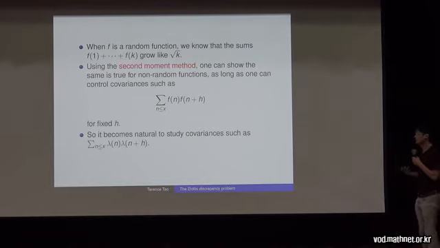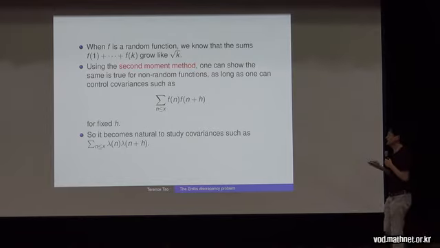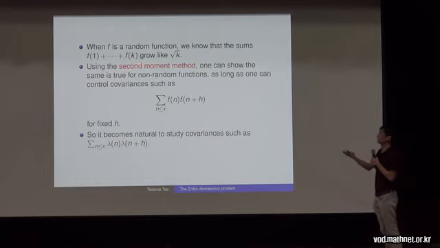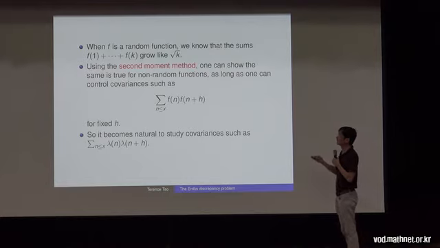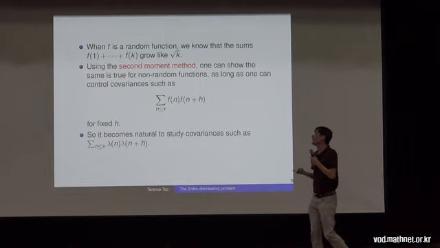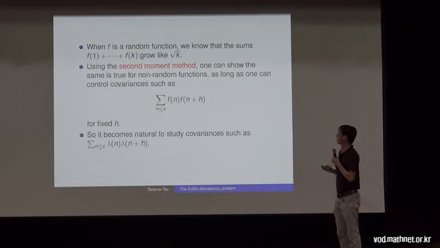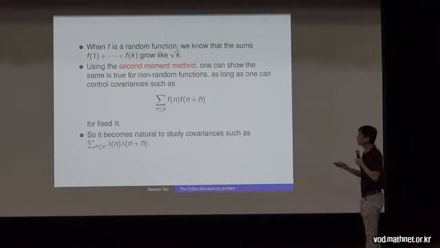And if you use tools from probability, in particular something called the second moment method, you compute means and variances of these sums. What you can find is that even if your function is non-random, if you have a sign pattern which is not random, you can still show that these sums grow, maybe not as fast as root k, but you can show that they are unbounded at least, as long as you can control covariances, as long as you can control these sorts of correlations.